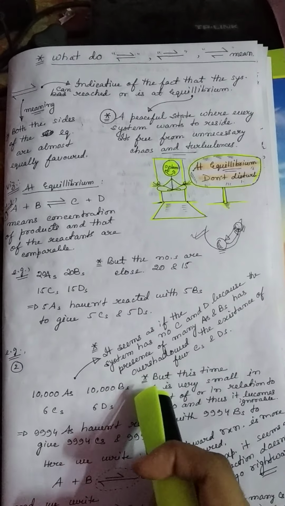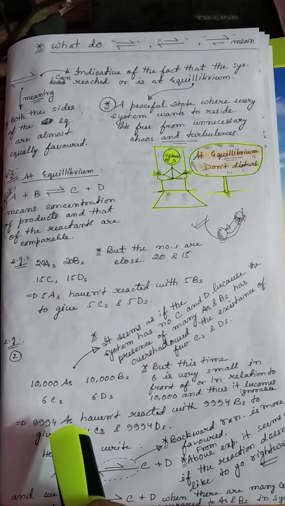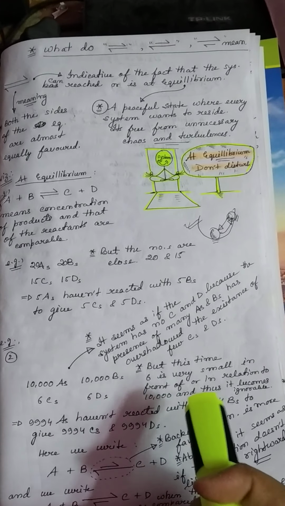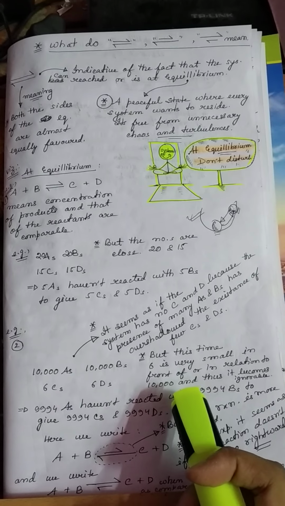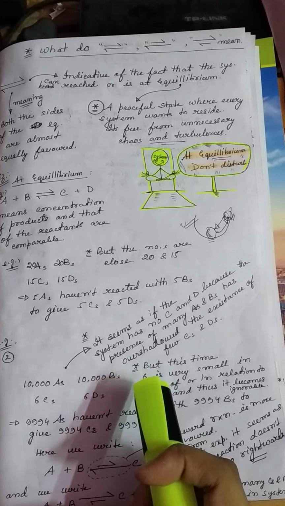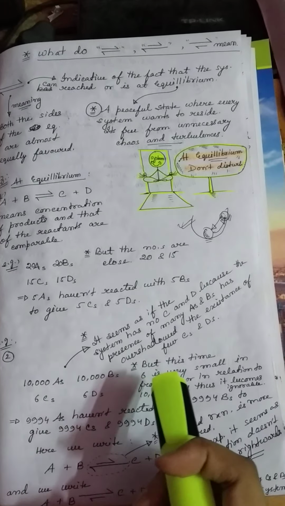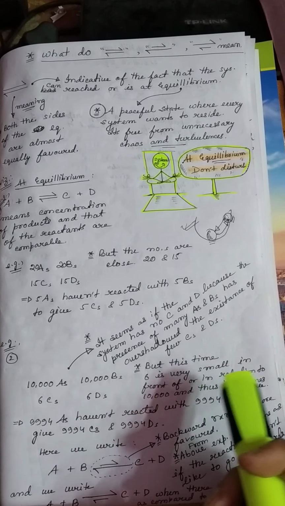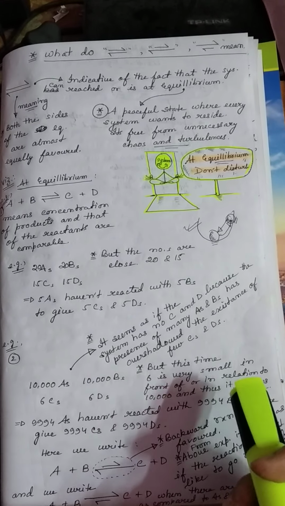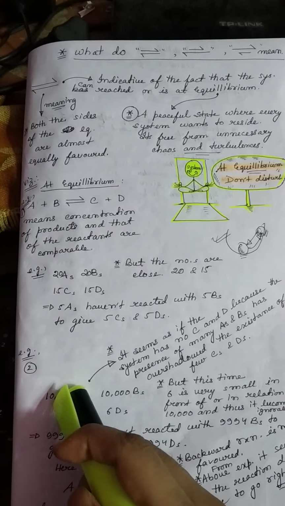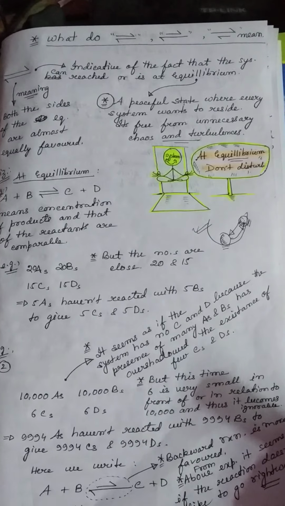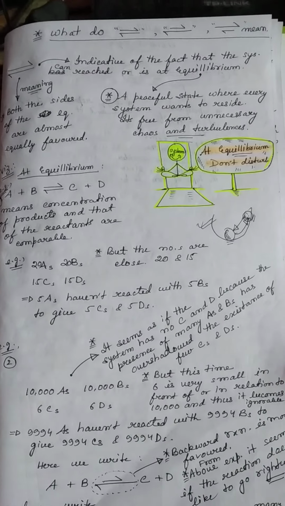That means 9994 A's haven't reacted with 9994 B's to give 9994 C's and 9994 D's. But this time 6 is very small in relation to 10,000, and thus it becomes ignorable. We can ignore this number 6 because it has become negligible.